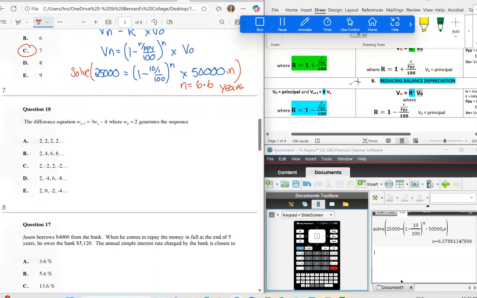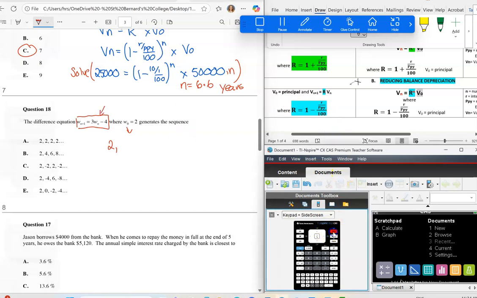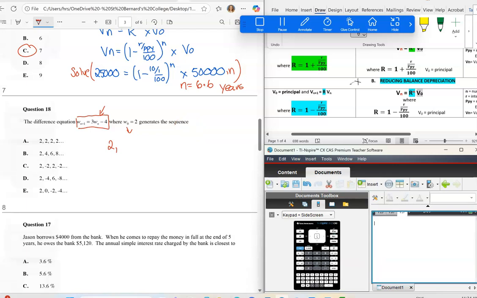All right. With this one, this difference equation, it doesn't matter. We know there's the rule of how to get the next term. They said we start with 2, generates a sequence. So I've got 2. Here's the rule to get the next one. So let's just do it recursively. We start with 2, press enter.